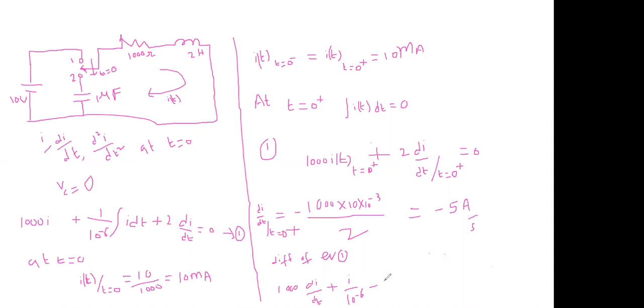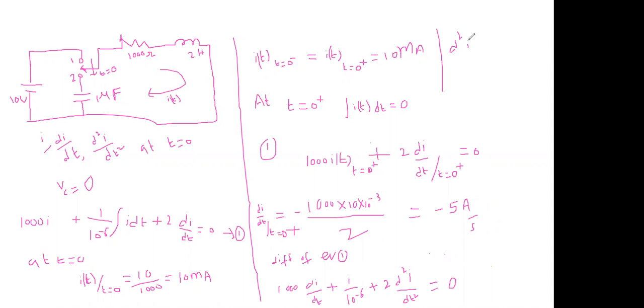plus 2 into d square I by dt square equal to 0. From this, at t equal to 0 plus, di by dt value is minus 5, I value is 10 milliampere. The unknown is d square I by dt square.